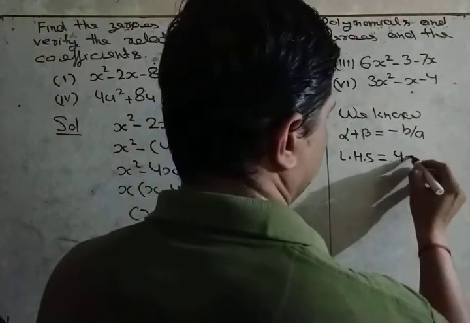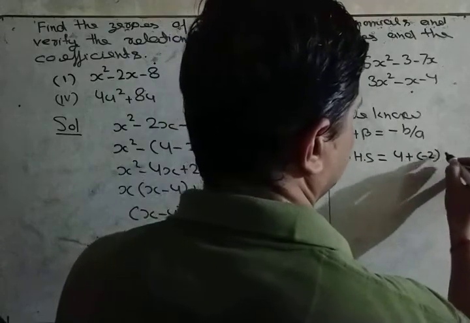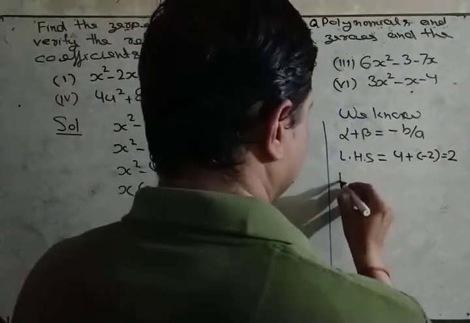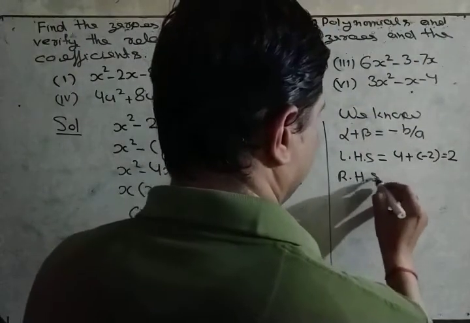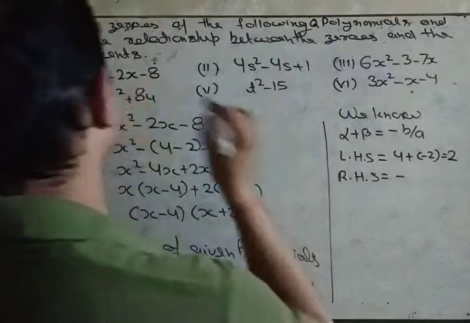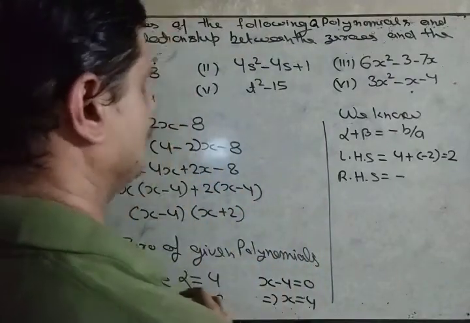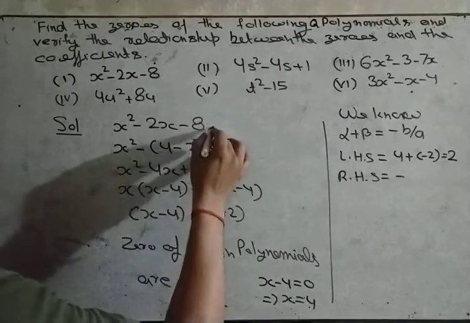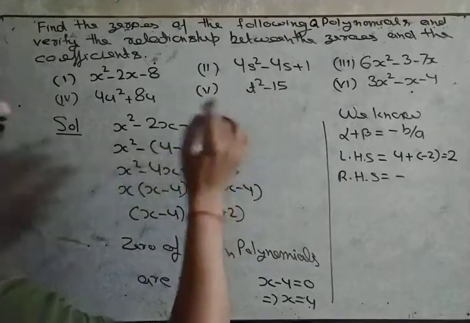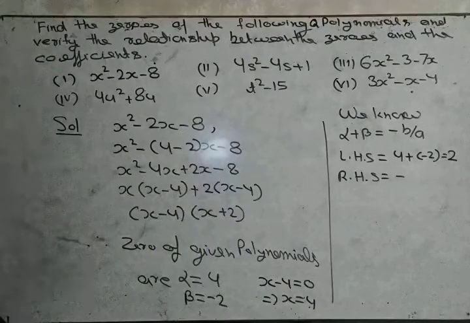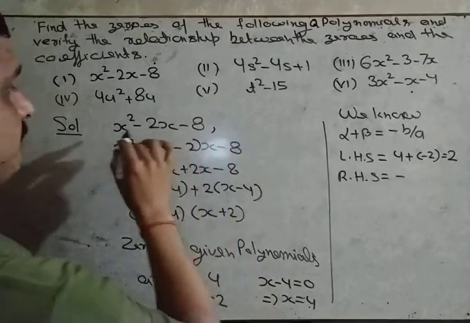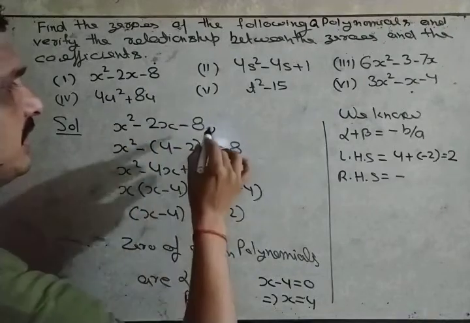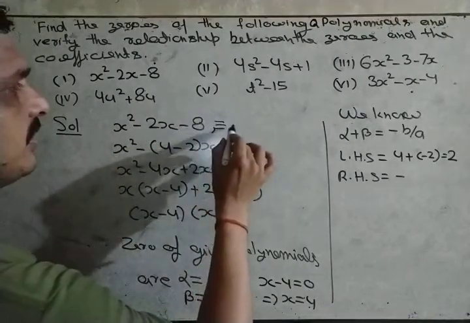4 plus minus 2 comes 2. RHS: minus what is B? For this, how can you find out A, B, C? For that you have to compare this equation with which equation?